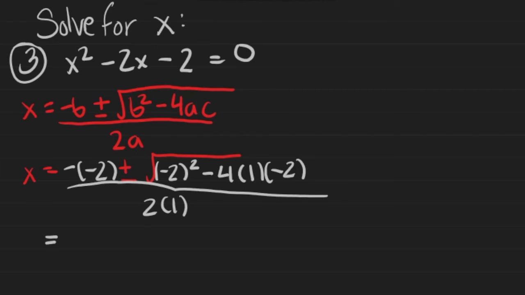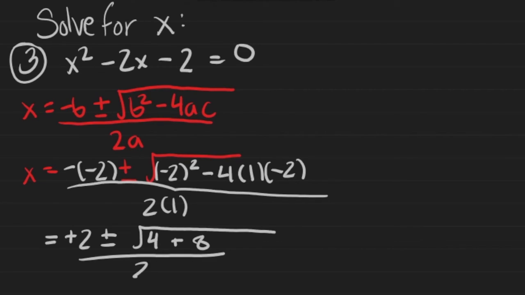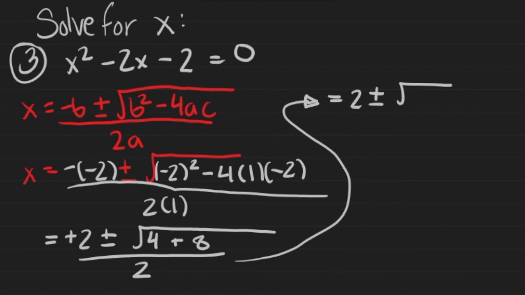If you move forward, you realize that this becomes a positive 2 plus or minus the square root of 4 plus 8, all over 2. So this will become 2 plus or minus the square root of 12, over 2.